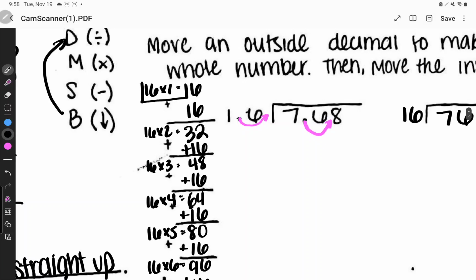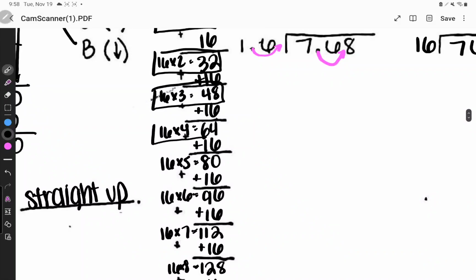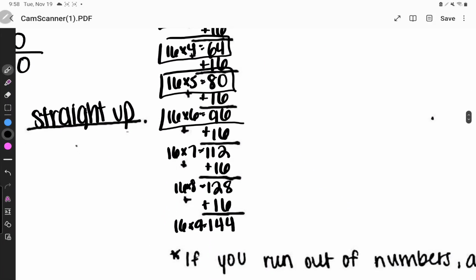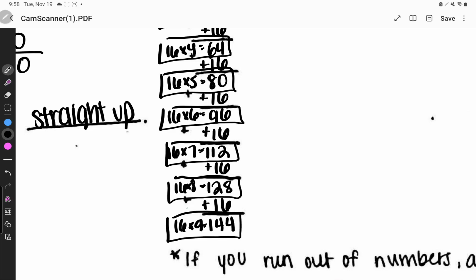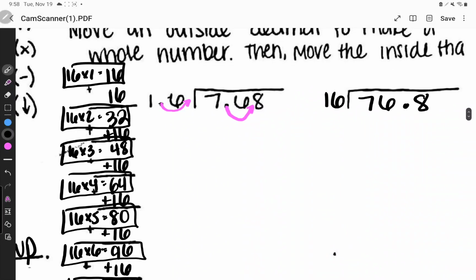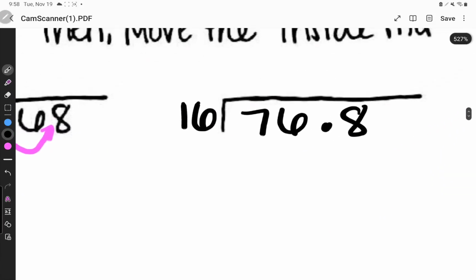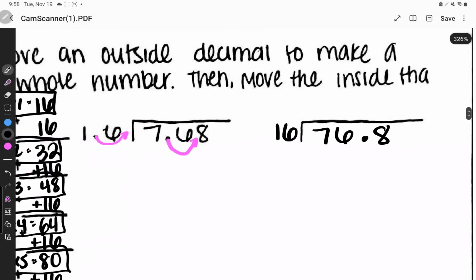And then I just go through and I box these. Okay, then I come back over here and I'm doing 16 into 76.8.